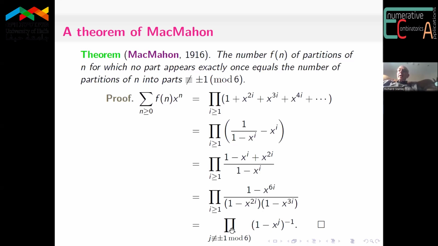So we'll get exactly the exponents that are not congruent to plus or minus 1 mod 6. So that proves this identity using generating functions.